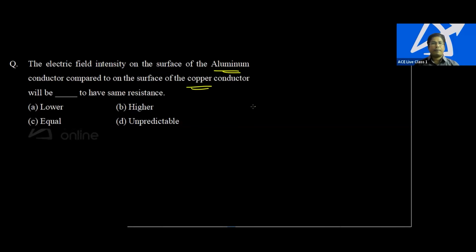The electric field intensity on the surface of aluminum conductor is always less than that on the surface of the copper conductor. As a result, corona on the surface of aluminum conductor is always less than that on copper. That's why aluminum conductor is always preferred.